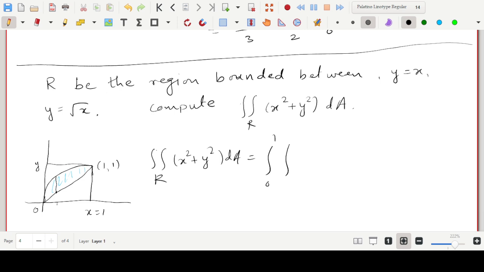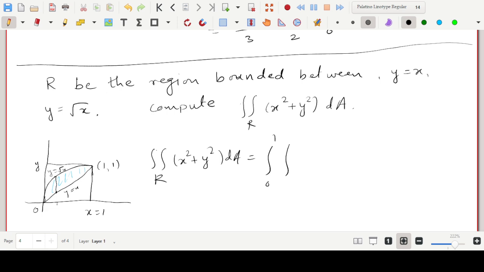This point corresponds to y equal to x, because this is the line y equal to x. We go from lower limit to upper limit, and this point corresponds to square root of x, because this is the curve y equal to square root of x.